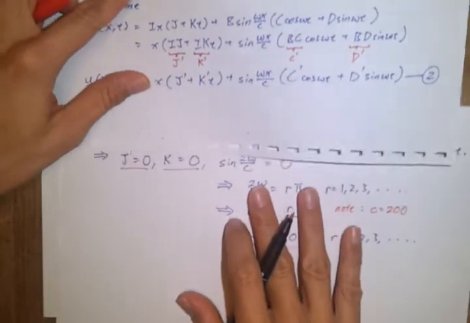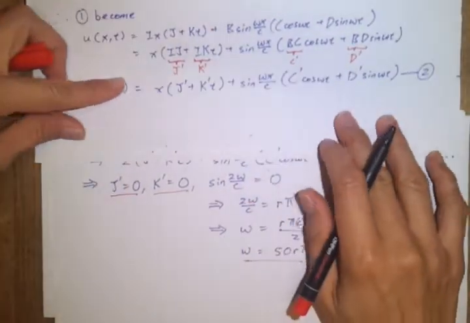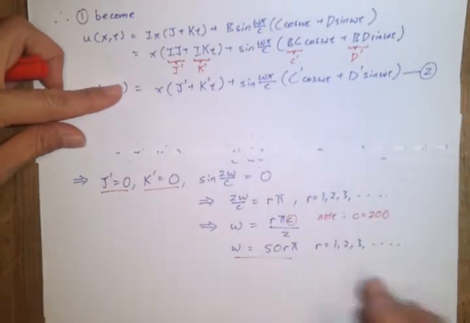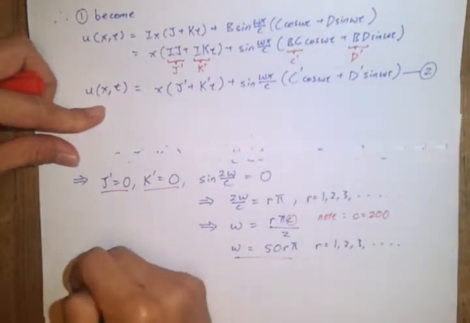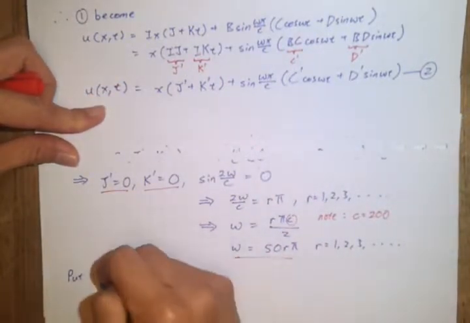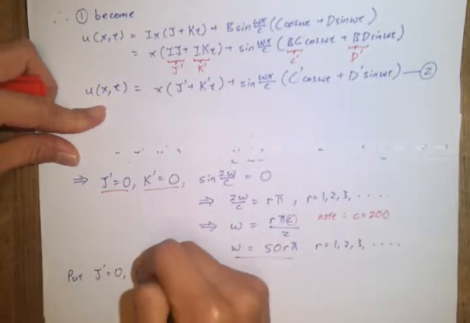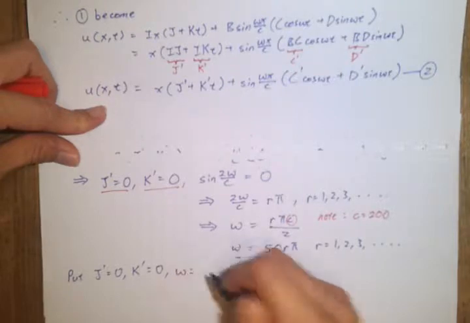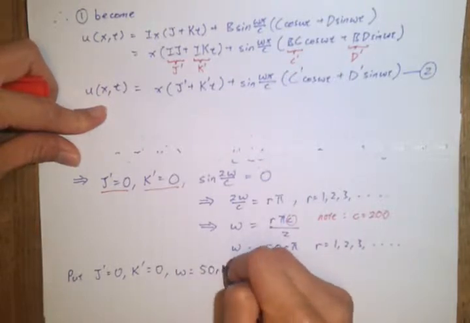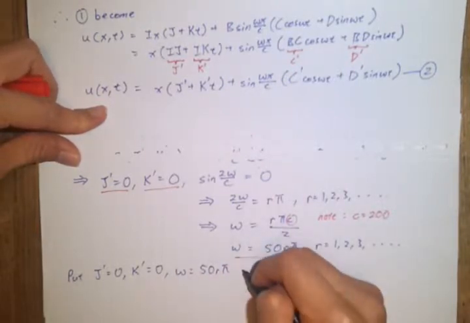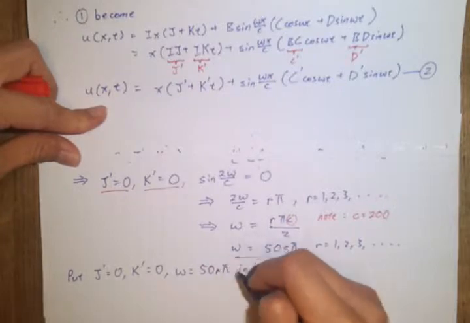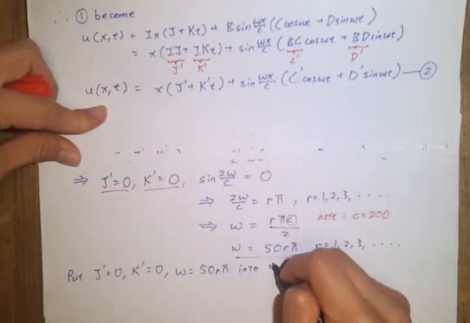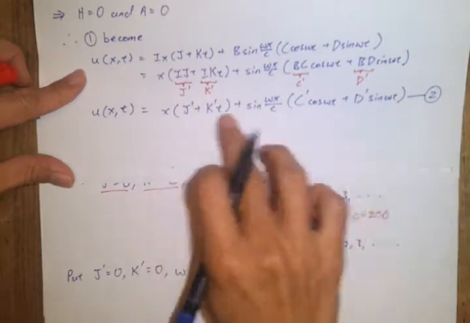So what I'm going to do is put j prime equals 0, k prime equals 0, and omega equals 50 r pi into equation 2.